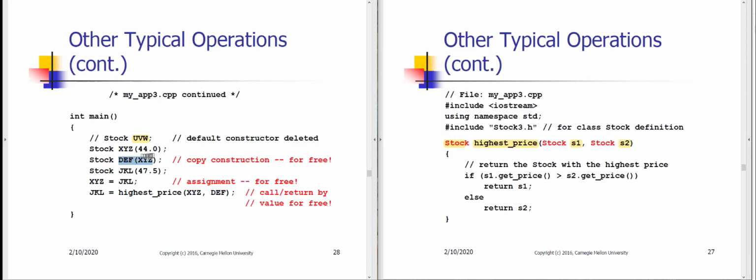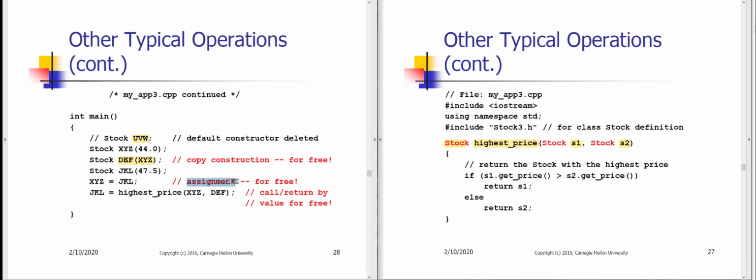And for free, we're going to be able to create a stock object that's simply a copy of another stock object. So DEF here is initialized from XYZ by simply having XYZ's price data member copied into DEF's price data member. Next, I'm creating a stock object named JKL, initialized with 47.5 as the price.